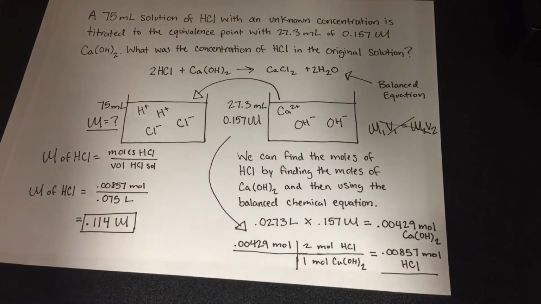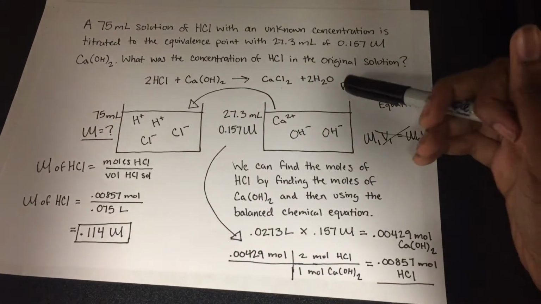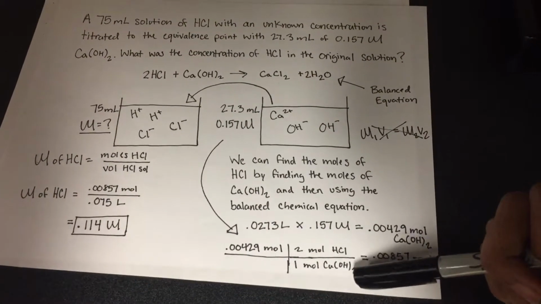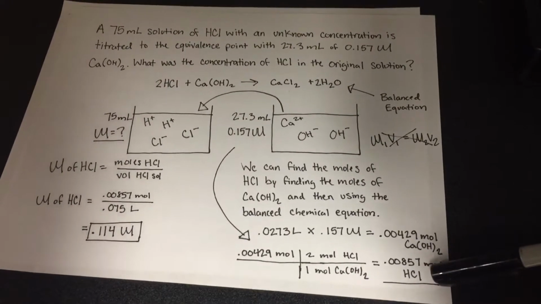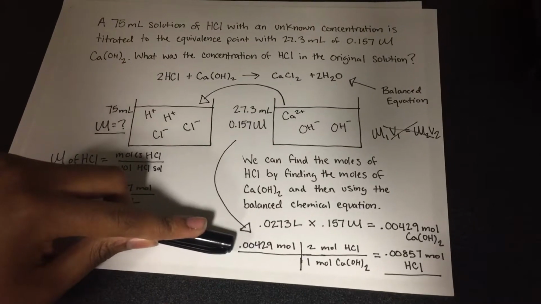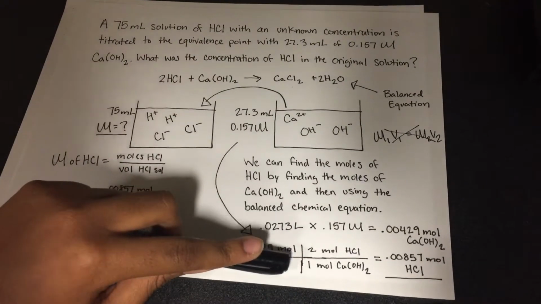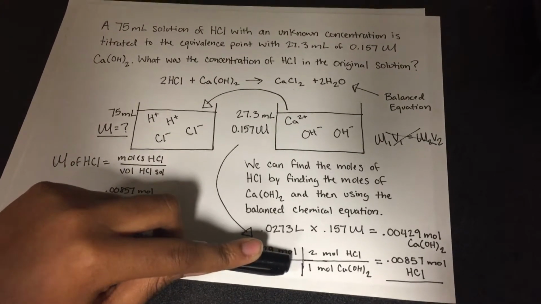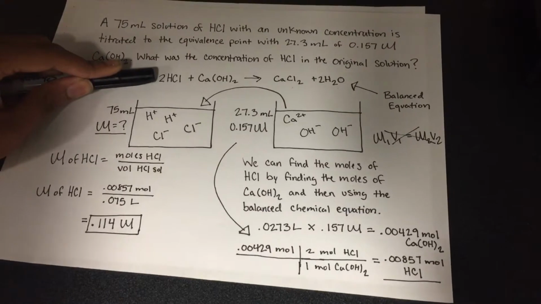This equation will not work because we need to use the balanced equation in order to convert the moles of calcium hydroxide to the moles of hydrochloric acid. Now, we can see from our equation that 1 mole of calcium hydroxide is equal to 2 moles of hydrochloric acid.